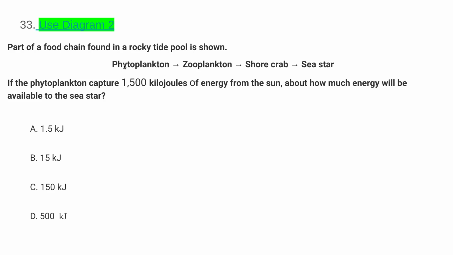So remember, we start here, 1,500, and then as we move, we are taking 10%. So we have 1,500. I'm going to shave off a 0 to 150. I'm going to shave off a 0 to 15, and then I'm going to move again to 1.5.